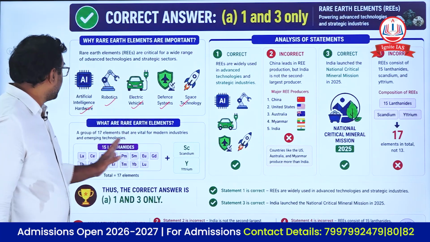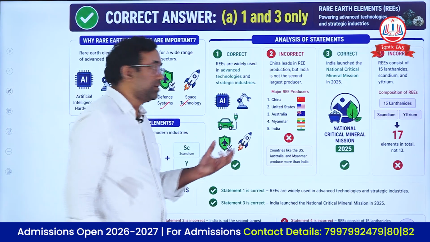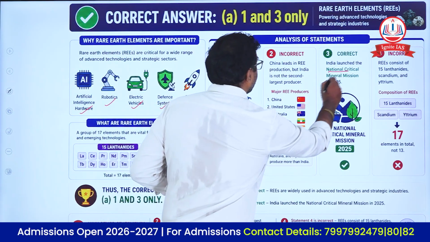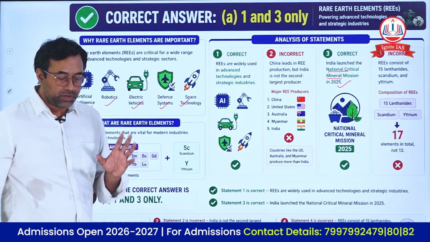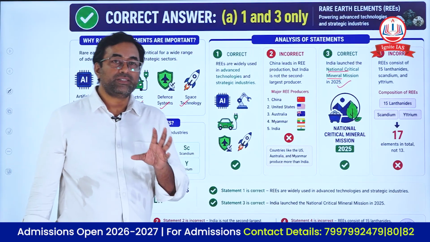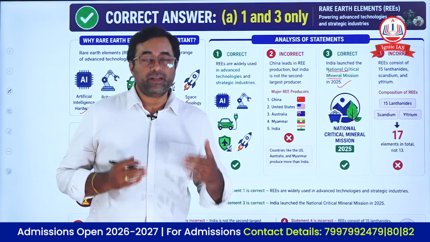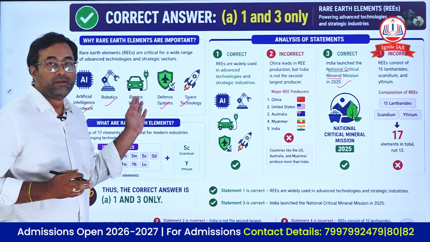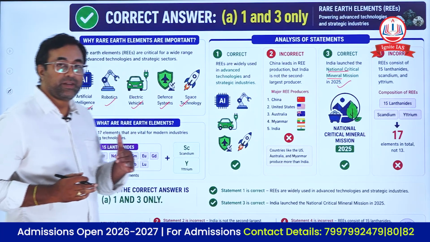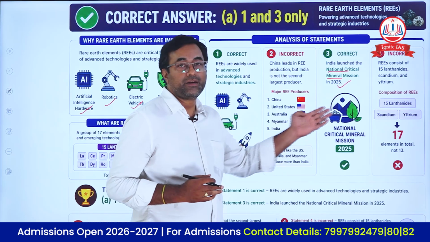That is why the Government of India is also bringing the National Critical Mineral Mission in 2025. Because India is all the time dependent on China for rare earth metals or minerals, which are helpful for the development of strategic sectors, it wants to reduce the dependency on China. So the government has come up with a national critical mineral mission.